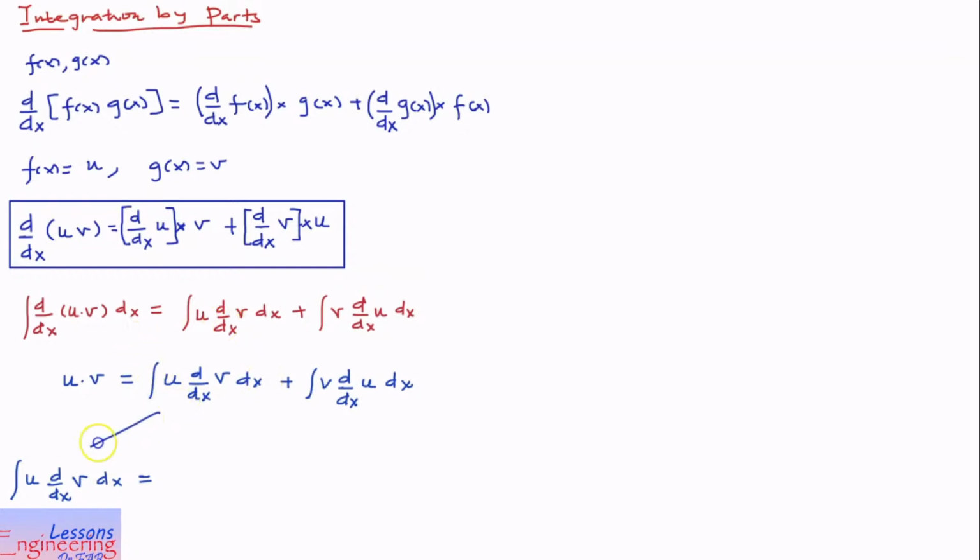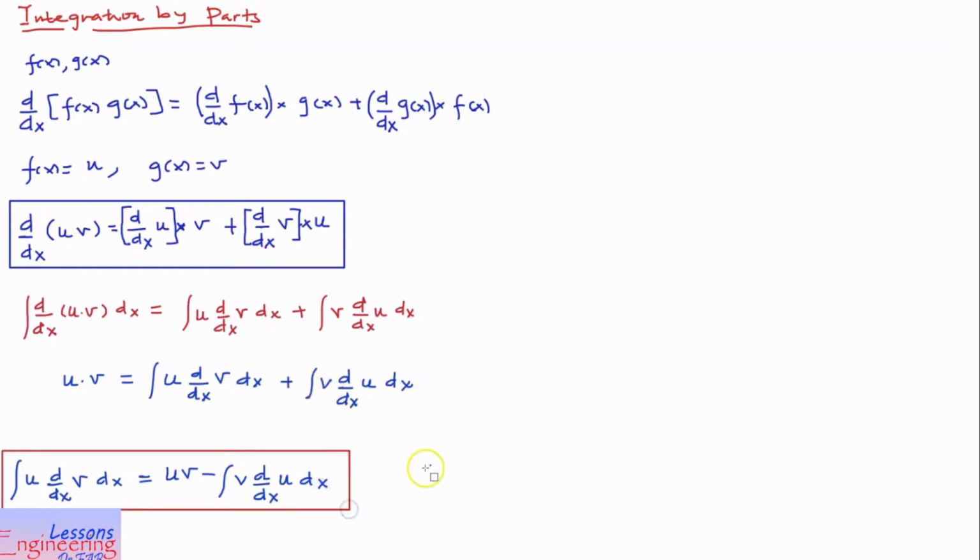Having taken the other term to the left side, we can write u times v minus the integral of v d by dx of u dx. We call this integration by parts.